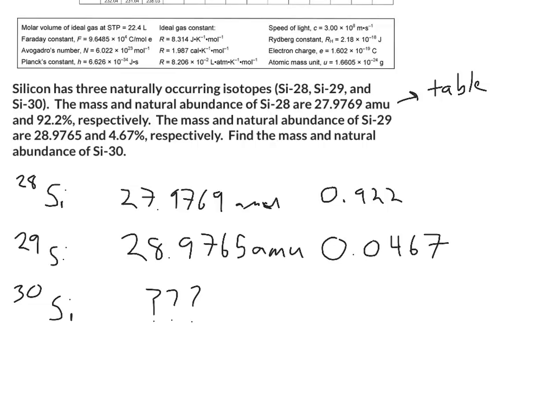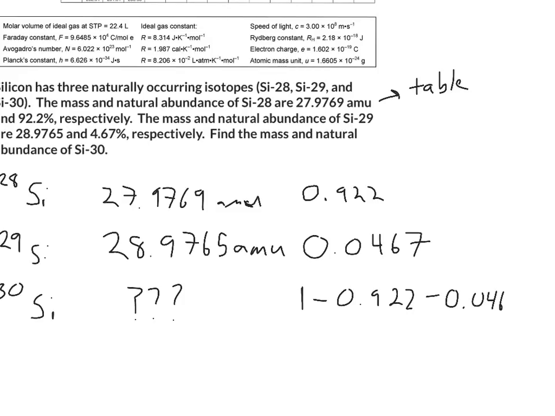So we can calculate the percentage of silicon 30. So 1 minus 0.922 minus 0.0467 will give us the percentage of silicon 30.